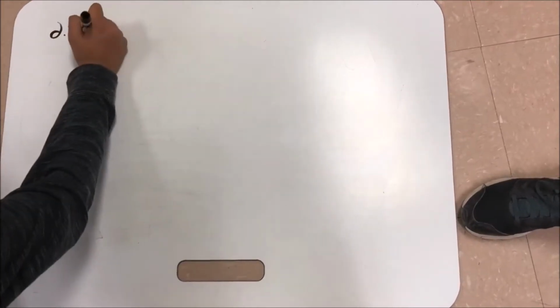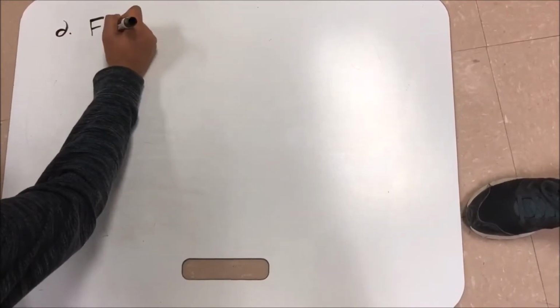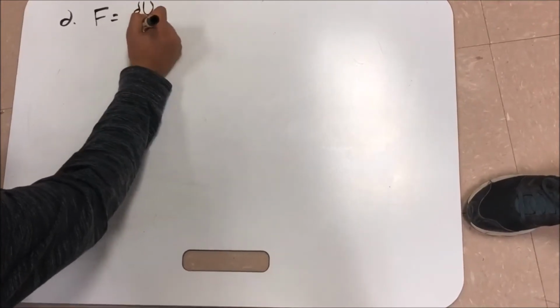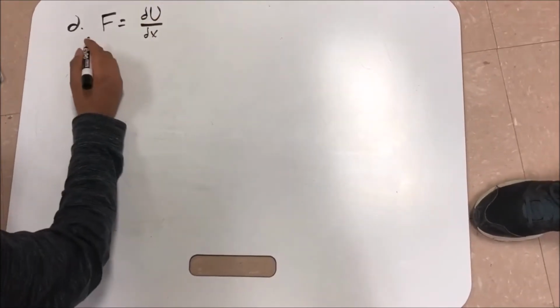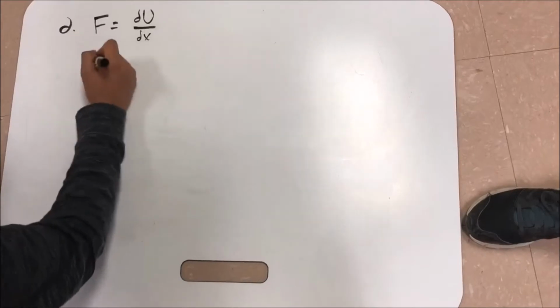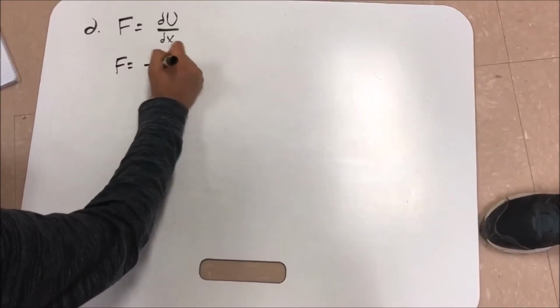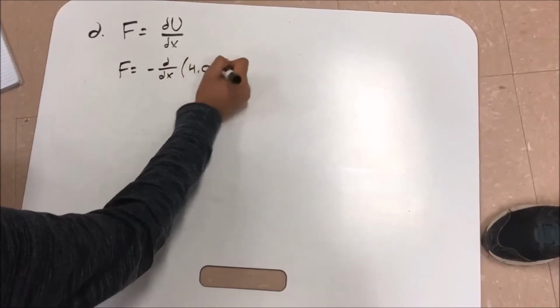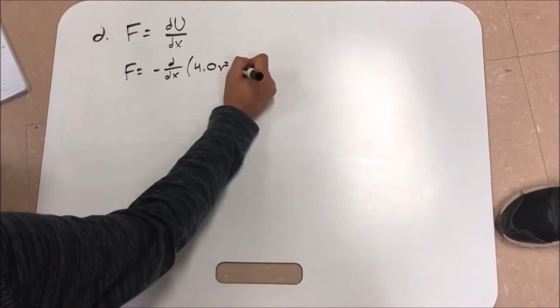So we want to calculate the magnitude of the acceleration of the object as it passes x equals 0.6 meters. Acceleration is equal to the sum of the forces over the mass m. The mass, once again, is 3.0 kilograms, but we need to find the force applied on the object.